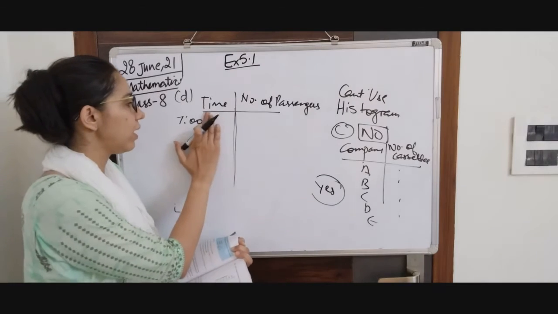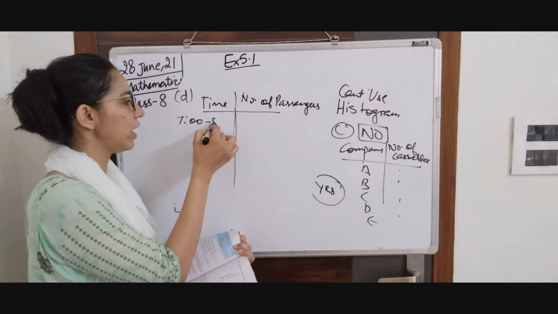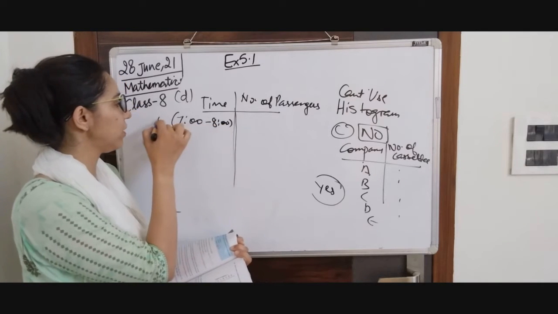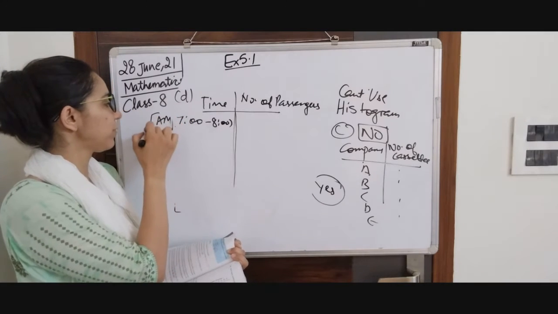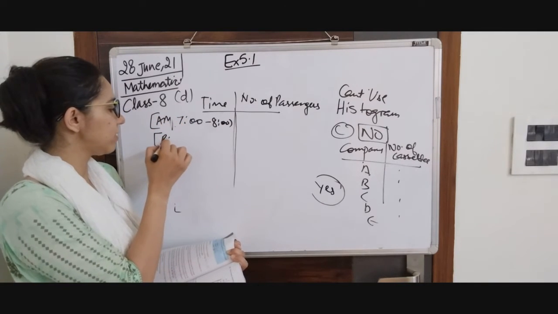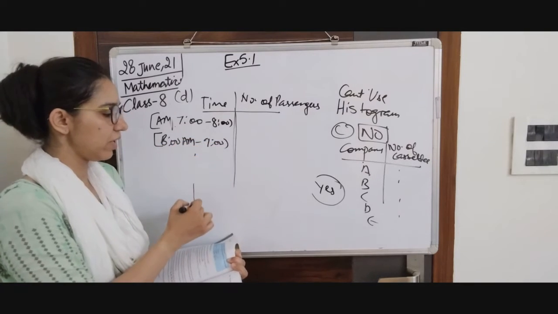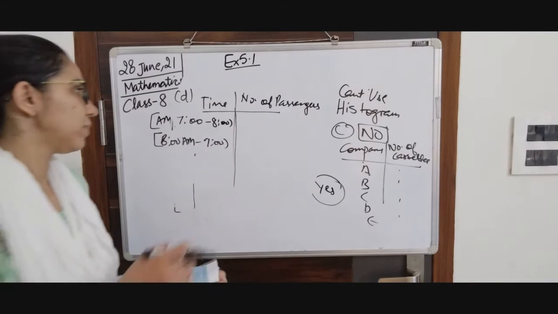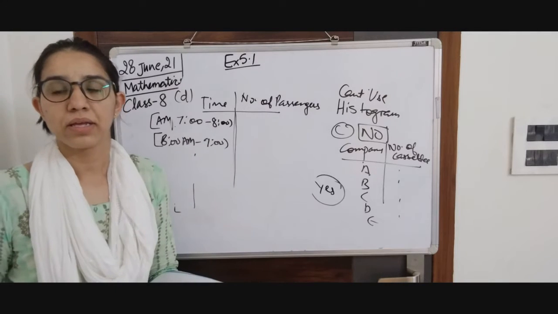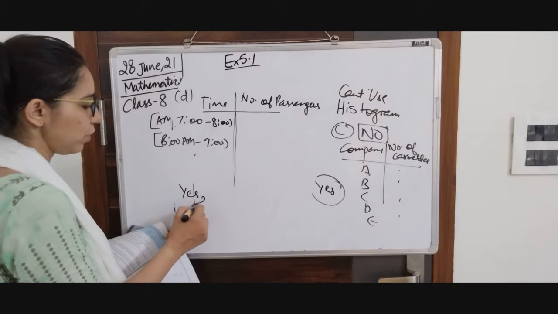So we will group the data. It will be like 7 to 8 a.m., then we have 8 a.m. to 9, and similarly like this up to 7 p.m. Your data is in class intervals, so the answer is yes, histogram will be used.